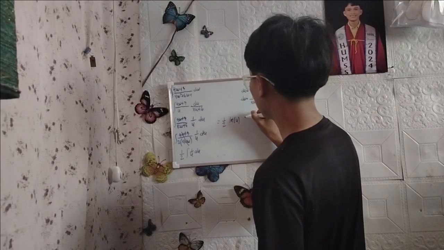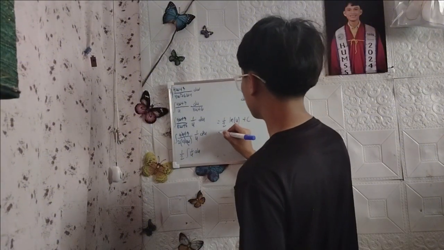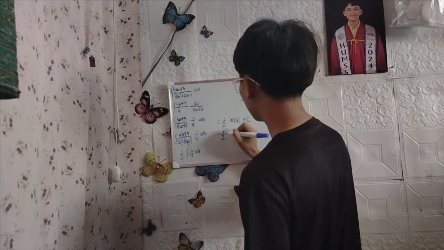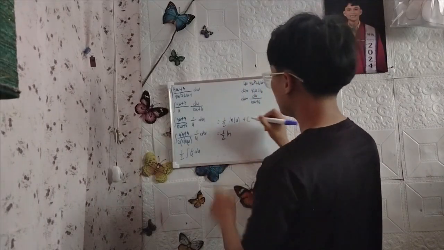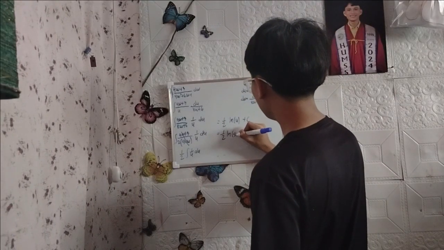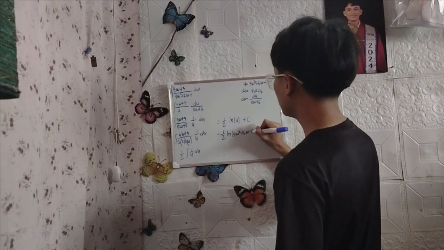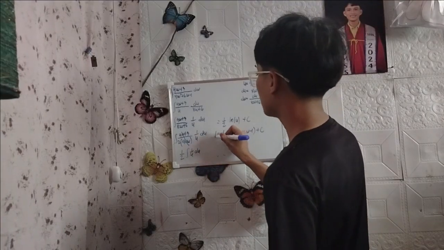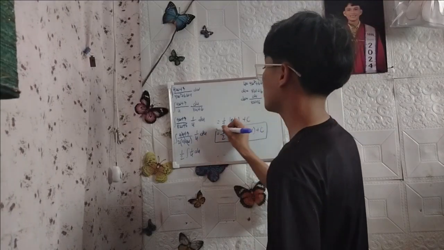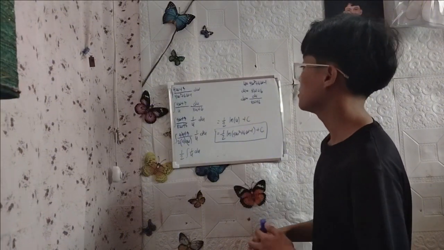So 1/2 ln, and our u is 4w squared plus 6w minus 1, plus c. And this is our final answer: 1/2 ln of 4w squared plus 6w minus 1 plus c.